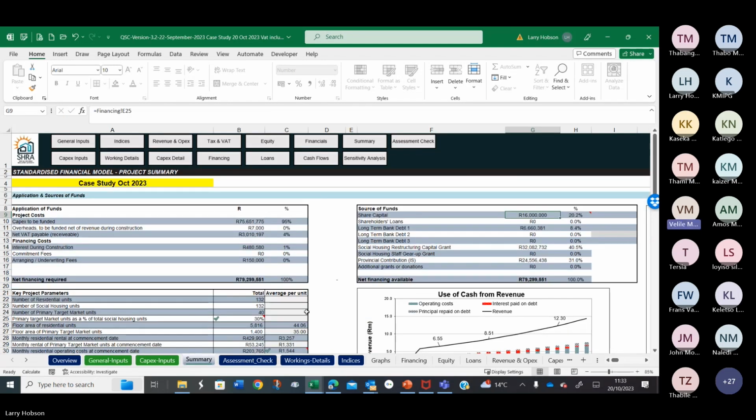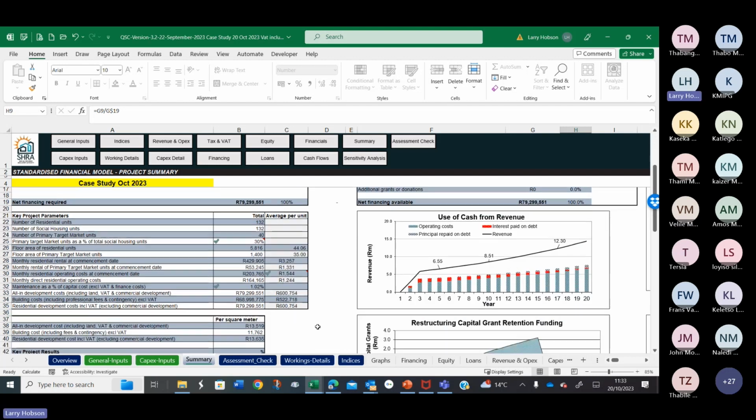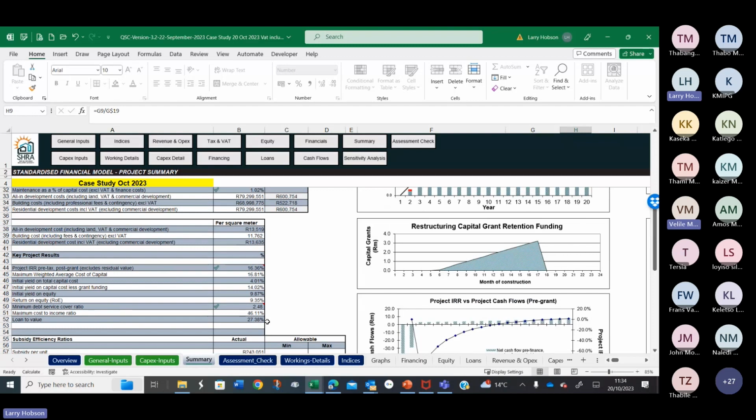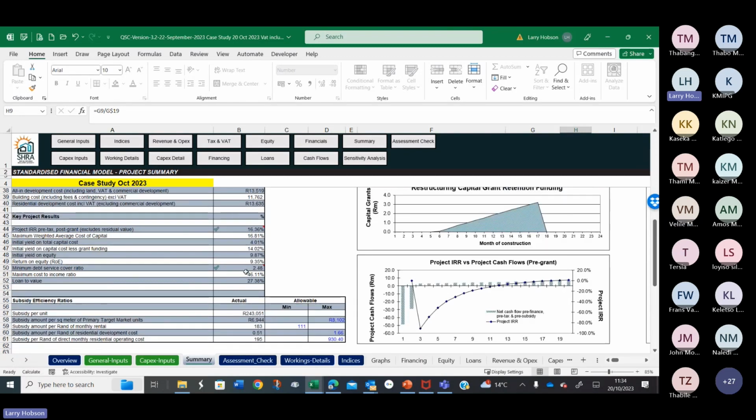Yeah, now we get just past 20%. So that's okay, and that should improve our ratios also. Yes, we improved there. We've still got green ticks everywhere.